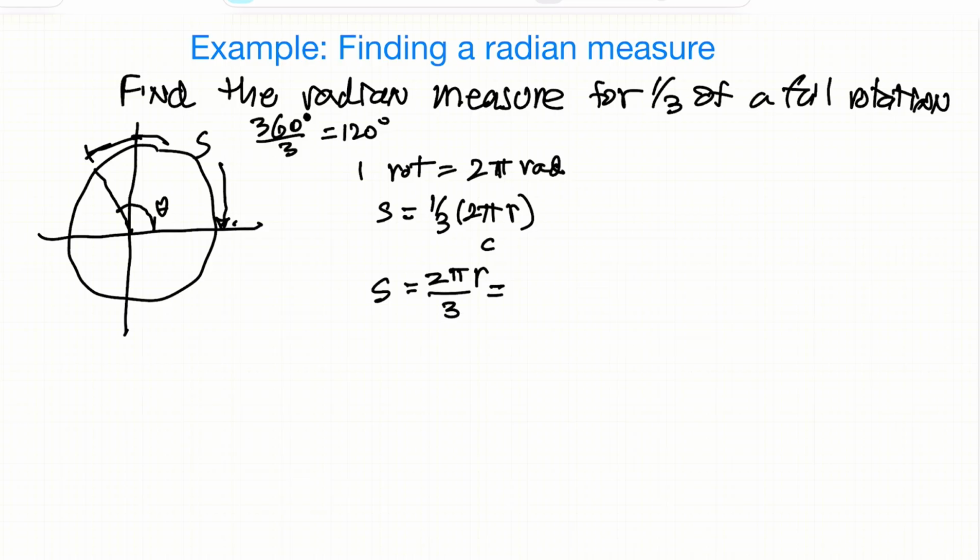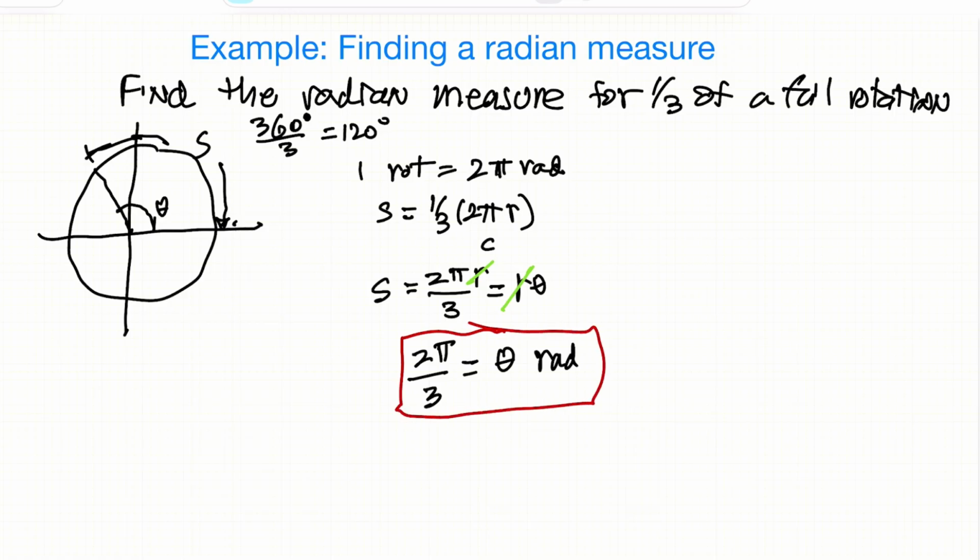Now we also know that's equal to r theta. So now the r's can cancel out. So now we know 2 pi over 3 is equal to theta. And that's going to be our unit of measurement, because r canceled out, that left us with theta. So in the case of 120 degrees, our radian measure is 2 pi divided by 3.